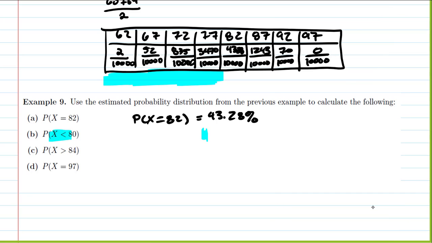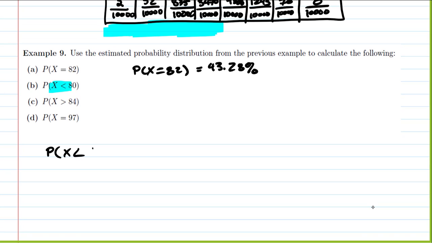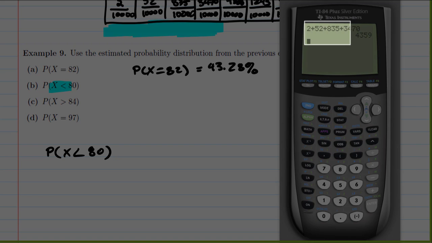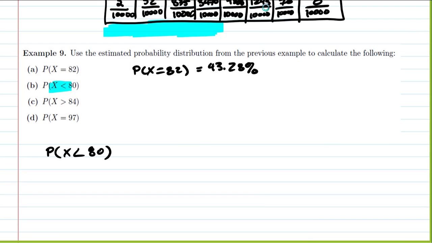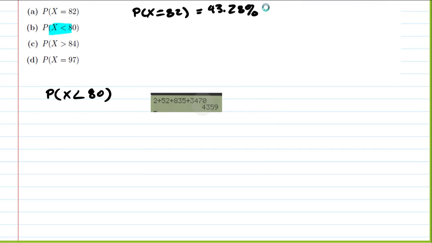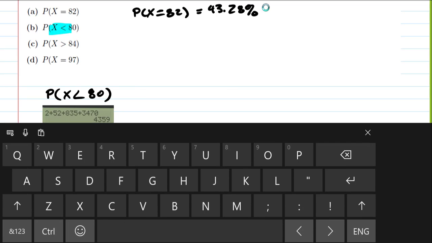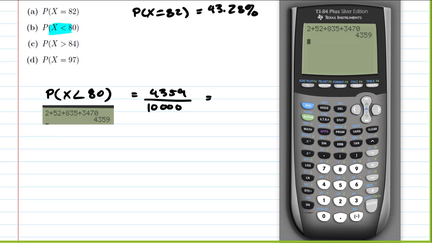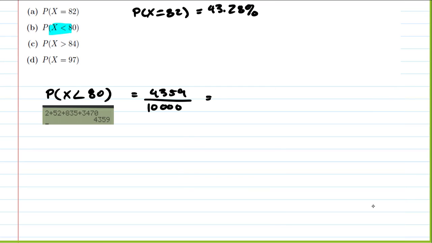So the probability that x is less than 80 is given by these values divided by the 10,000, which gives us about 43.59%.